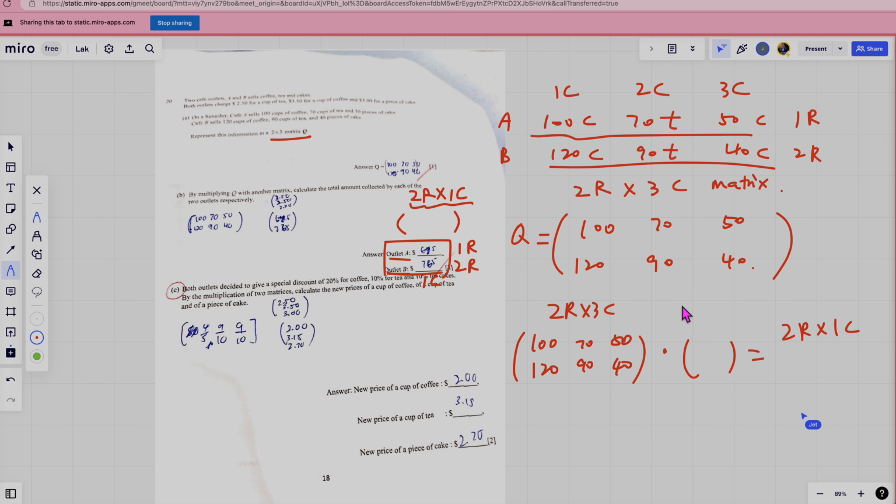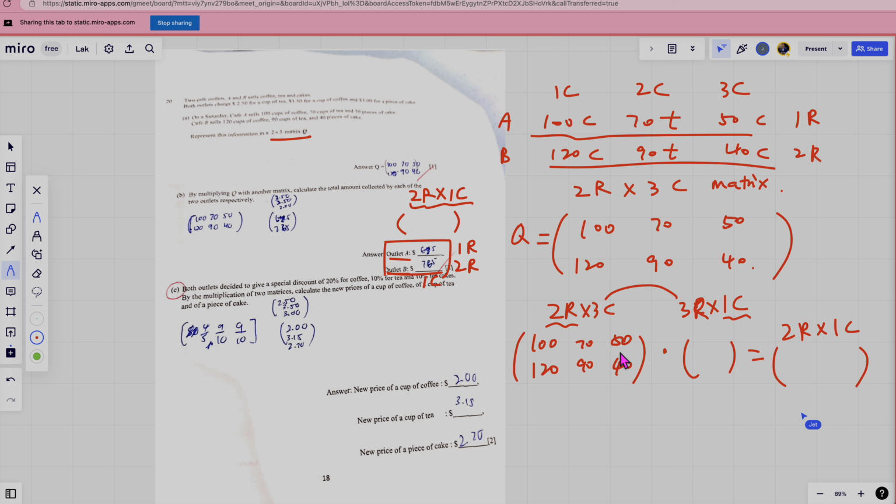Can you see that you need 3 rows so that you can multiply, then times 1 column, so that you are left with 2 rows by 1 column?